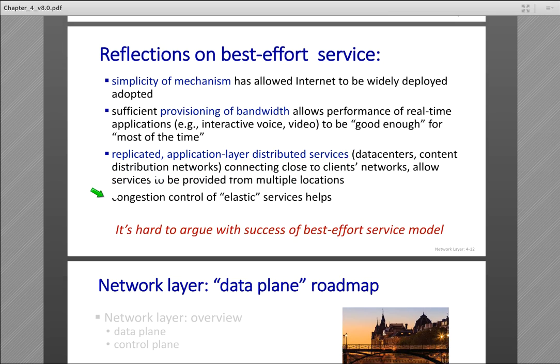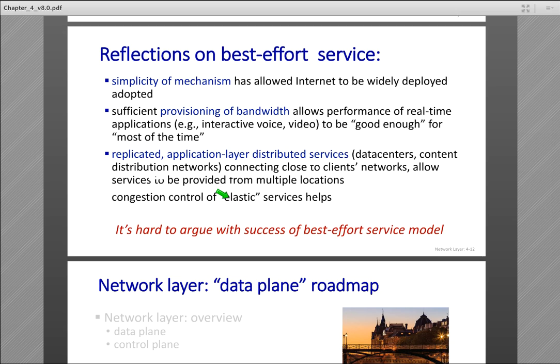Also we have different congestion control mechanisms for applications that have elastic behavior. Elastic means that those applications can tolerate some delays, some packet losses.